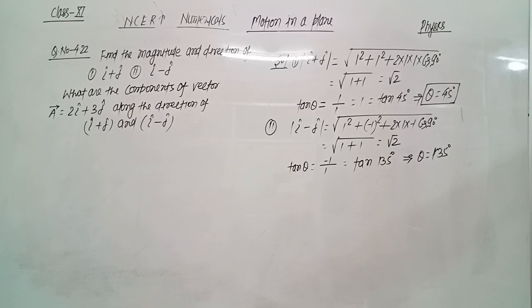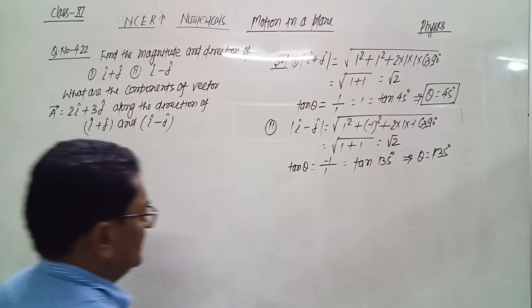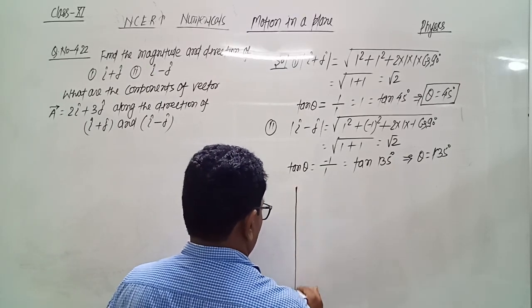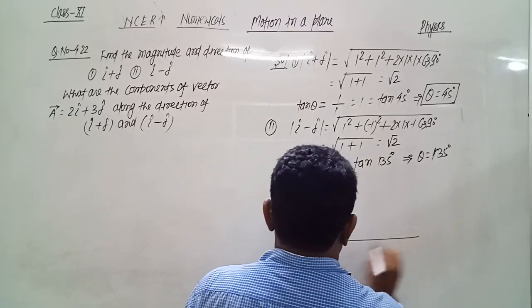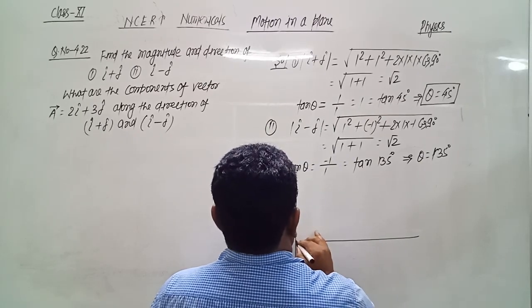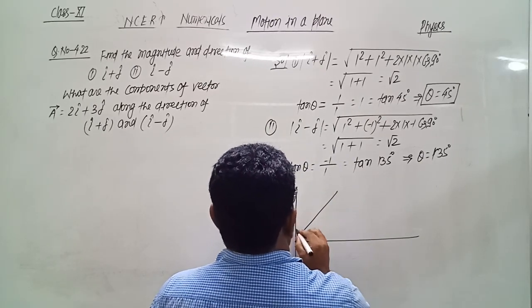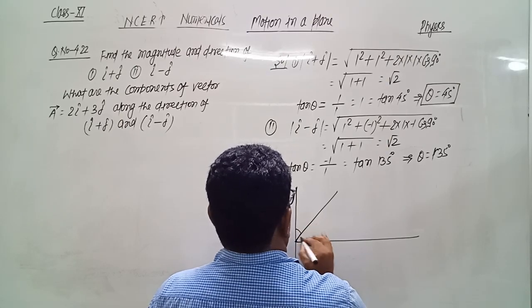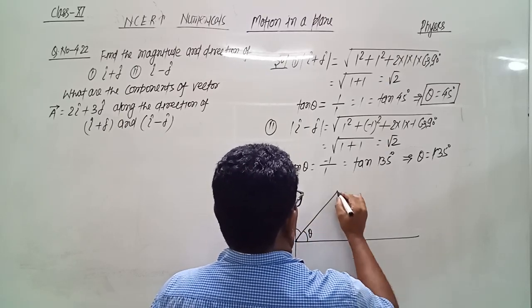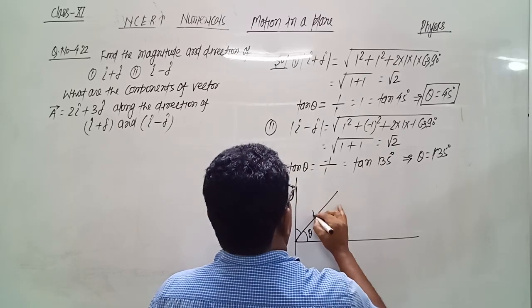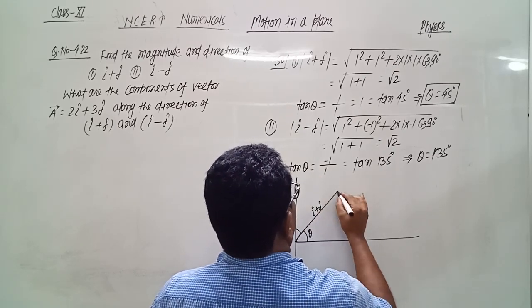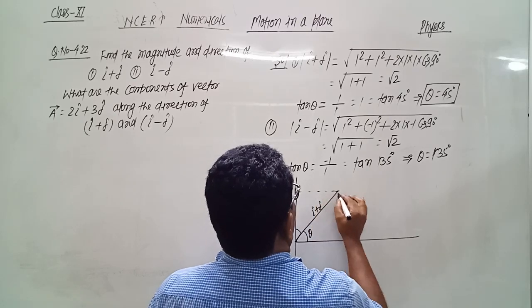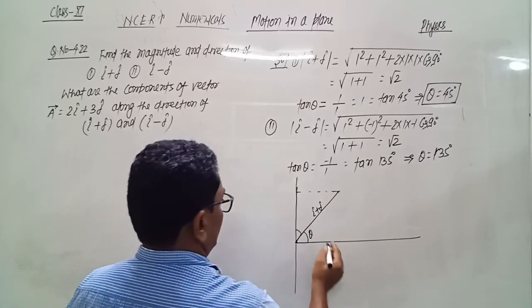Now we represent this by the diagram. This is angle 45 degree and this is theta, and this represents i cap plus j cap.